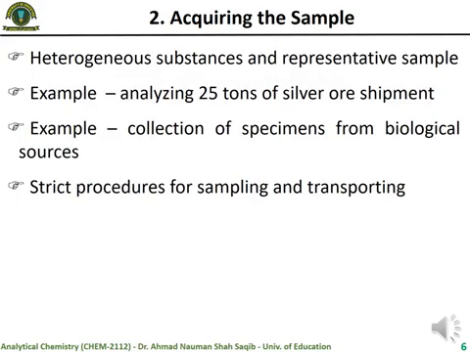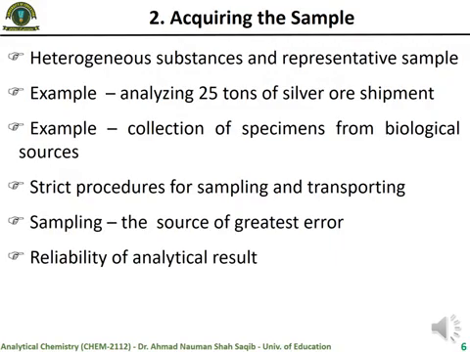So that's why for our clinical tests we have to follow a strict procedure for sampling and then storage or transporting. And overall, the sampling process, when you take a sample from the bulk and analyze it, should be carried out with maximum possible care, because it is said that sampling is the source of greatest error in our analytical results or in a quantitative analysis.